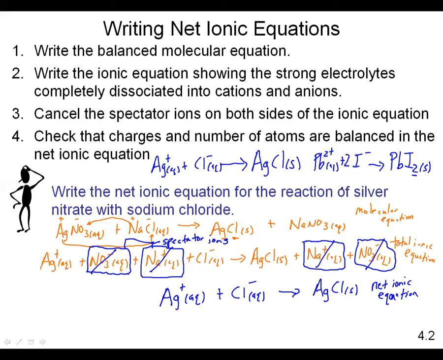So you can go backwards if you really know what the solid product is and write the net ionic equation without necessarily having to write the molecular equation, the total ionic equation, and then the net ionic equation. So for example, experiment 8 will ask you maybe to do some of that. You can work your way backwards from the actual product. Any questions on that?